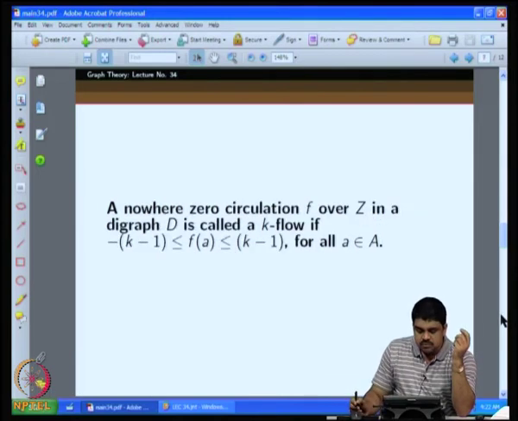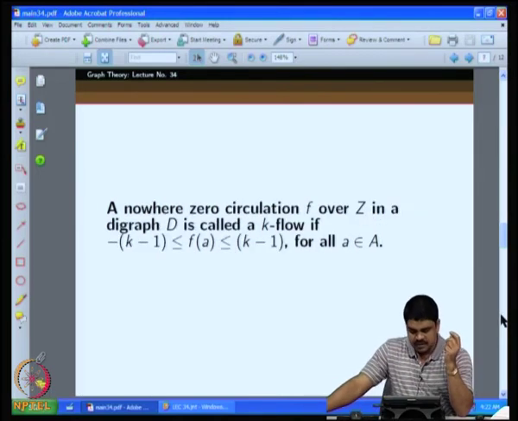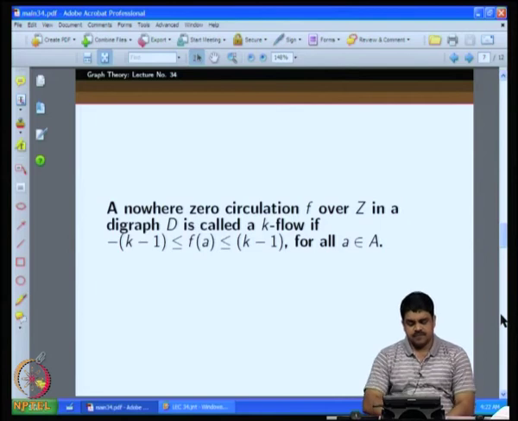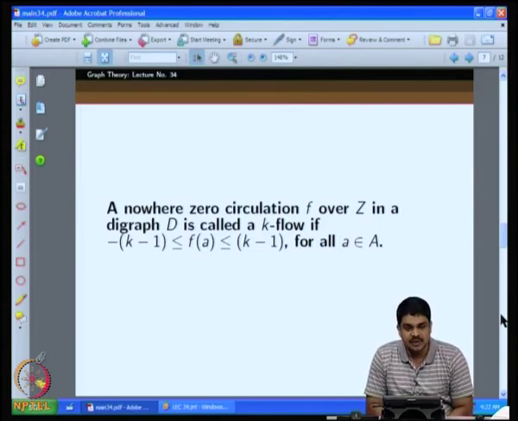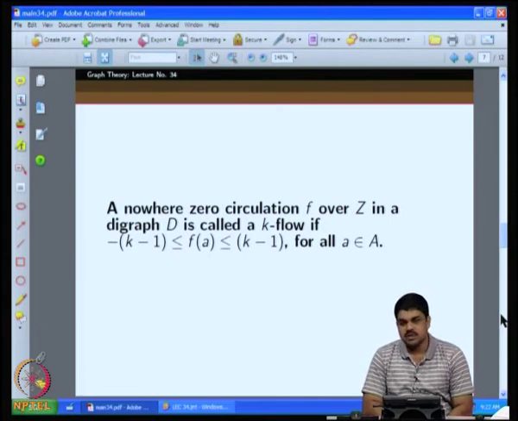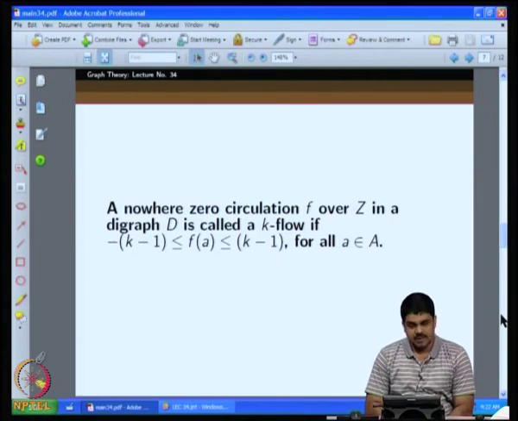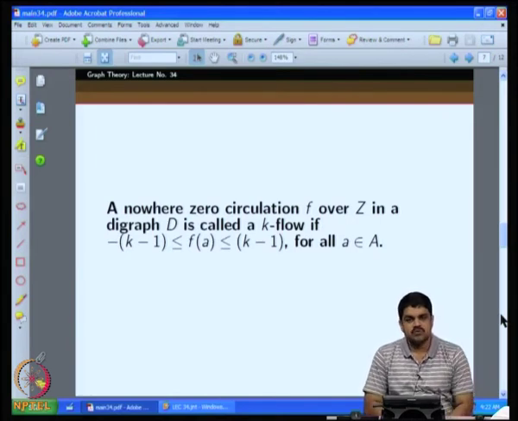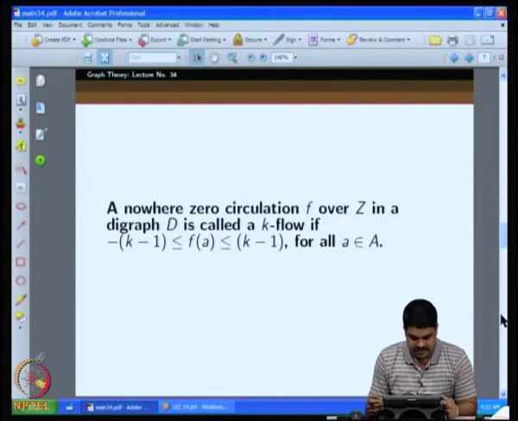Now, we will define something called a k flow. A circulation is called a k flow if for each arc its value is in between minus of k minus 1 and positive k minus 1. Here we take k greater than or equal to 2.